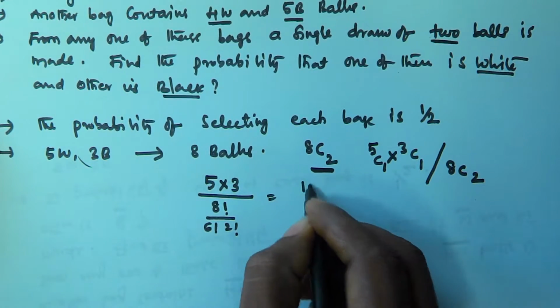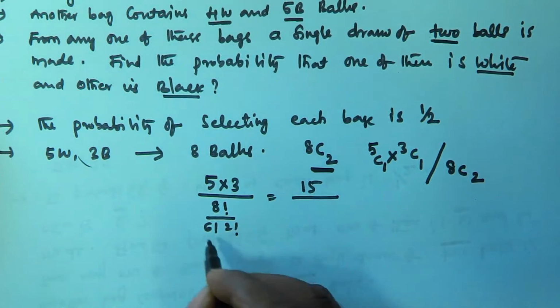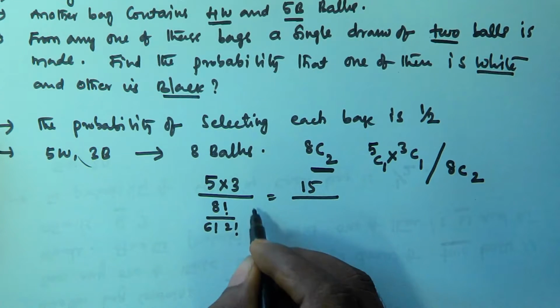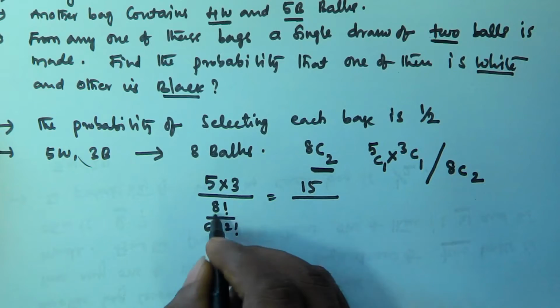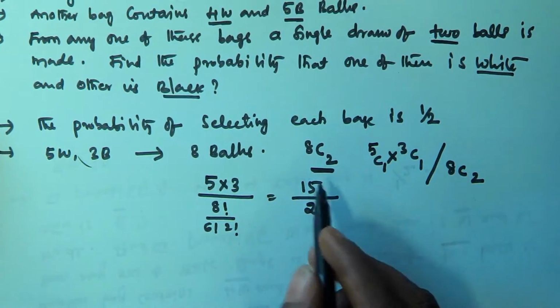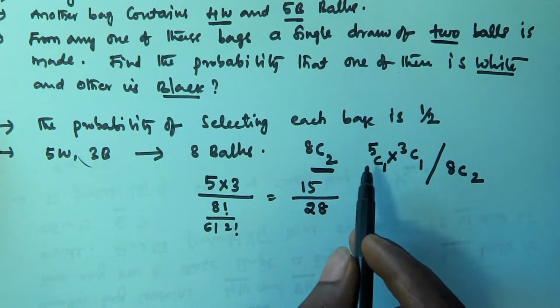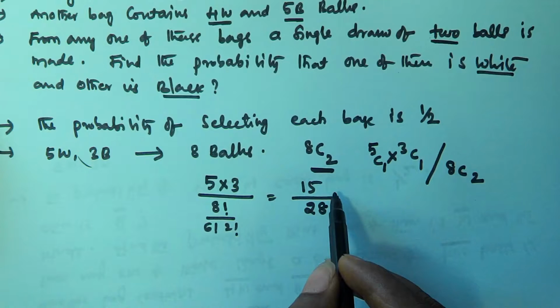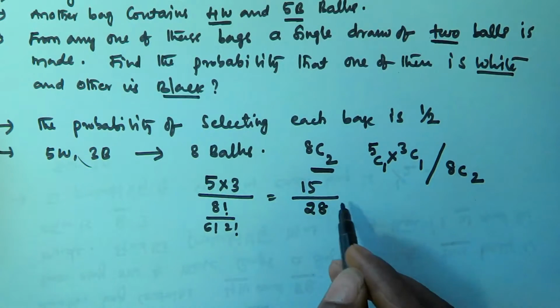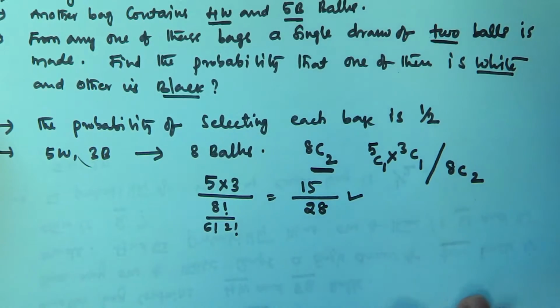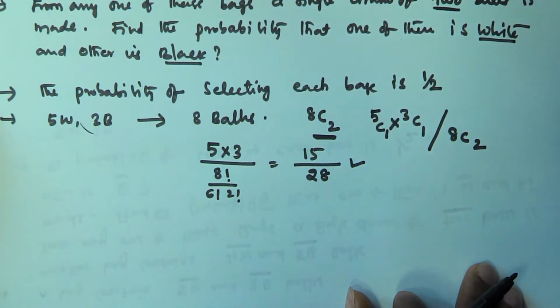So this is 5 into 3, 15, by, here 6 factorial is cancelled, we are left with 7 into 8. 2 fours are 8, so 4 into 7, that is 28. So the probability of selecting 2 balls, where 1 ball is white and 1 ball is black, is 15 by 28. This is the case of selecting the first bag.